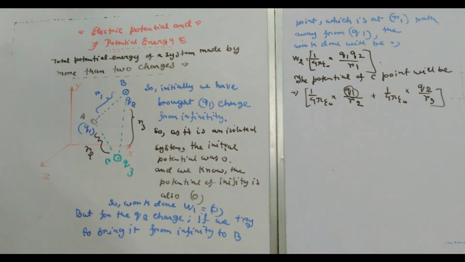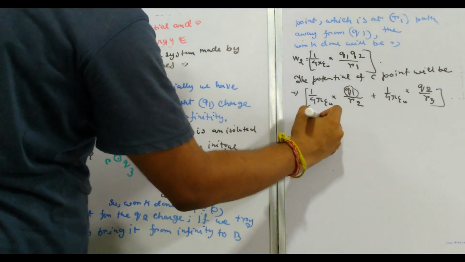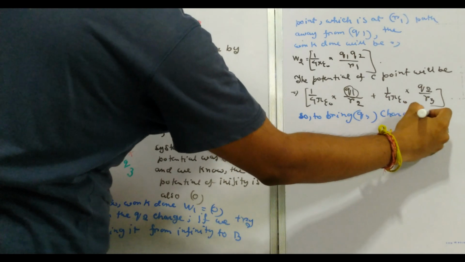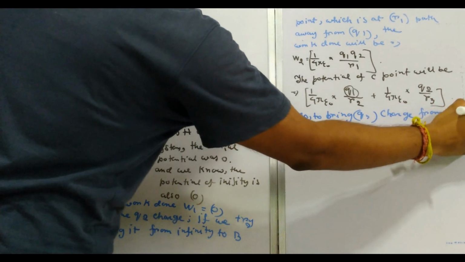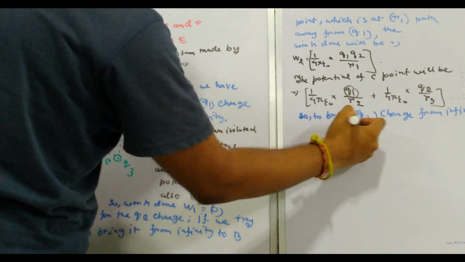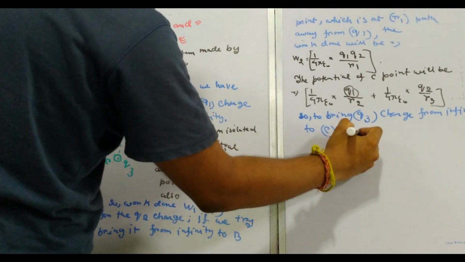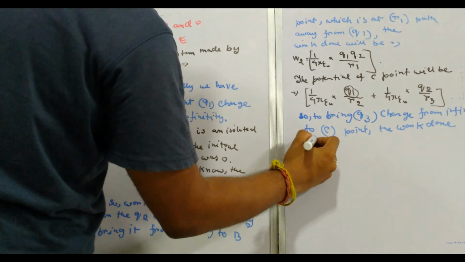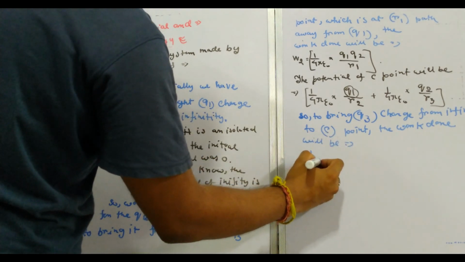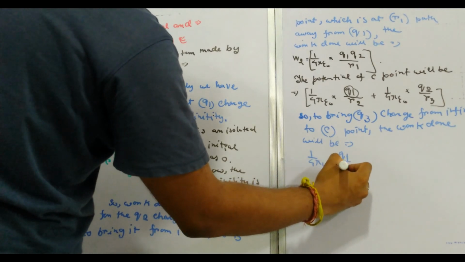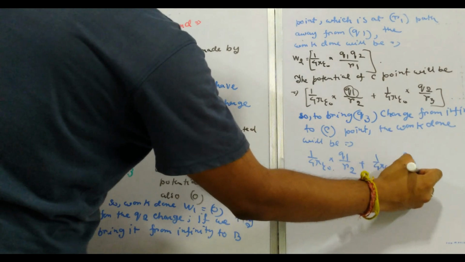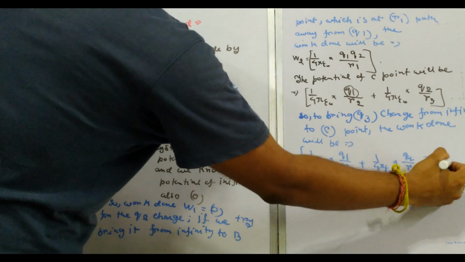Now to bring the Q3 charge from infinity to that point C, the work done will be 1 by 4 pi epsilon naught into Q1 by R2 plus 1 by 4 pi epsilon naught into Q2 by R3, that is the total potential of point C, into Q3 charge.